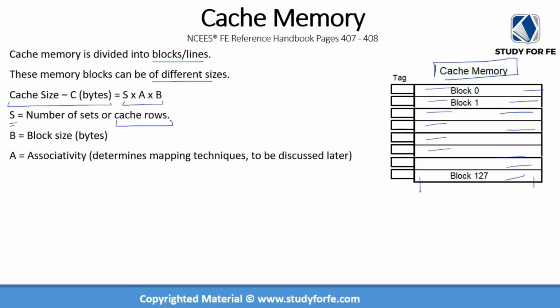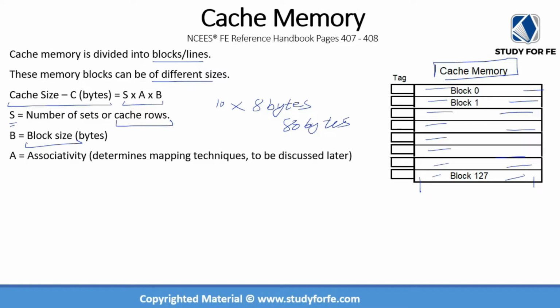The total number of these cache rows will be one of the factors determining the overall size of the cache memory. Let's say I have 10 cache rows. Then you multiply it by the block size, the size of each block. So each block is 8 bytes. Then your overall size of the cache would be 80 bytes.